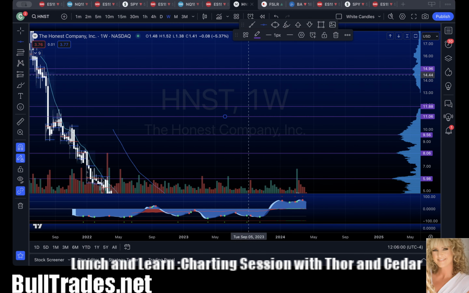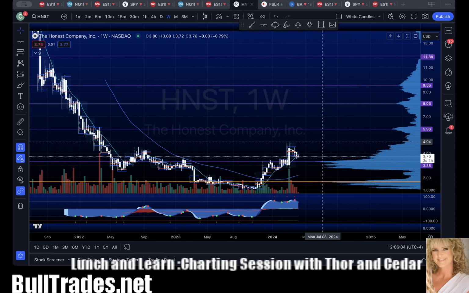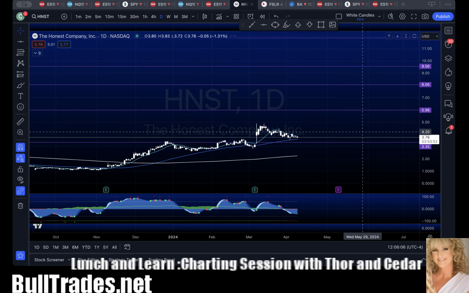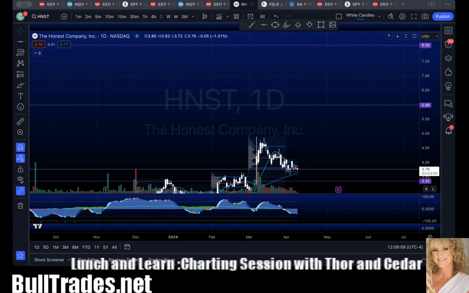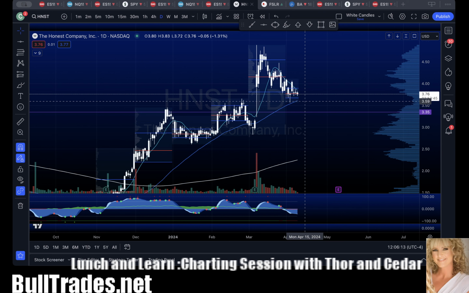And I'm looking at that wick rejection 4 or 5 days ago. Tells me that the buyers are trying to step in somewhere to hold it where it's at and probably break out again. That wick down is actually to the 50-day moving average, so I really like that.